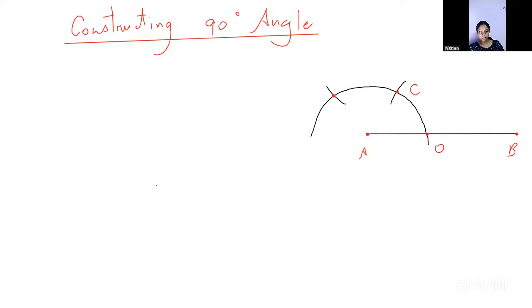I just draw a line through them, and I get 90 degrees.